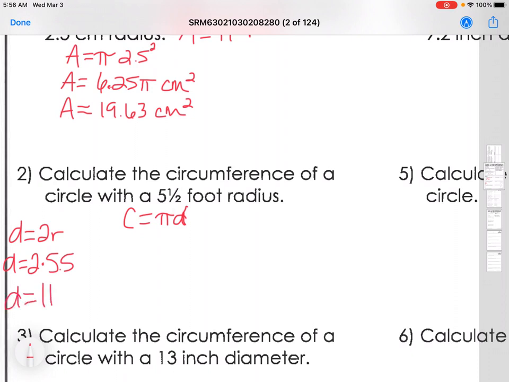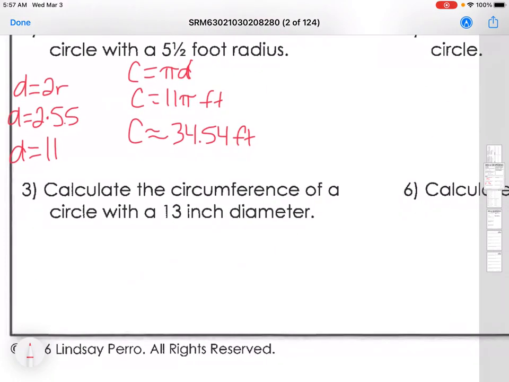So that means our diameter is 11 feet. So 11 times pi feet. Or 34.54 feet. And again, on circumference, it's just distance, so I do not square my units.